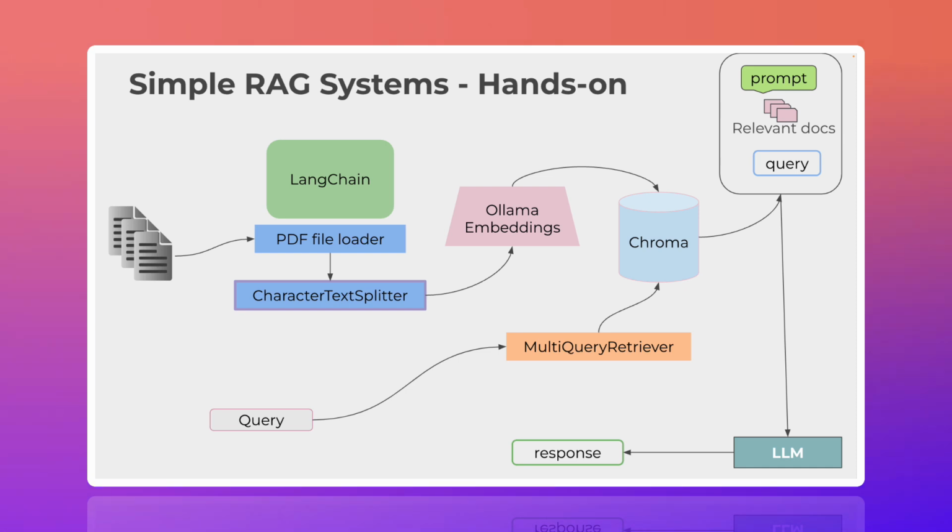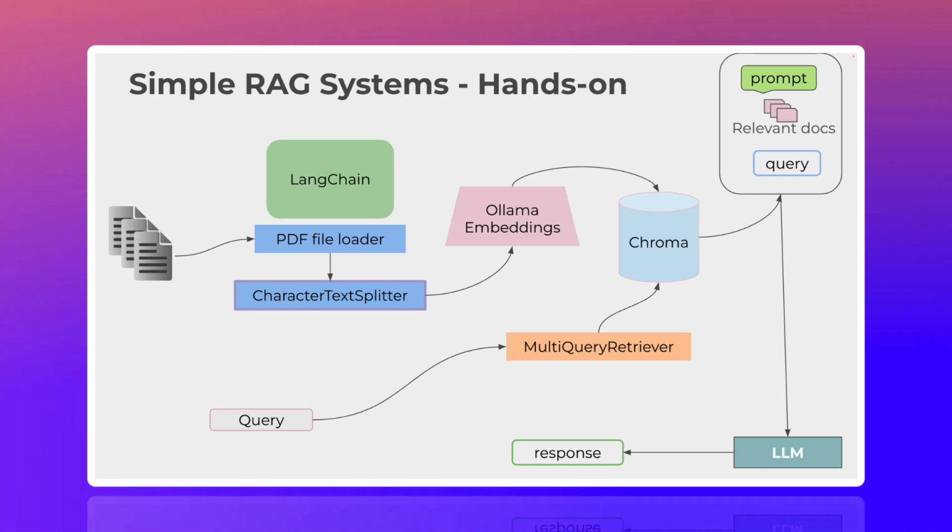And then what will happen is that we're going to pass in a query, and we're going to use, again, LangChain's multi-query retriever that will be able to do all the things that it needs to do to transform this query into embeddings, of course, and search the Chroma database with all those embeddings.